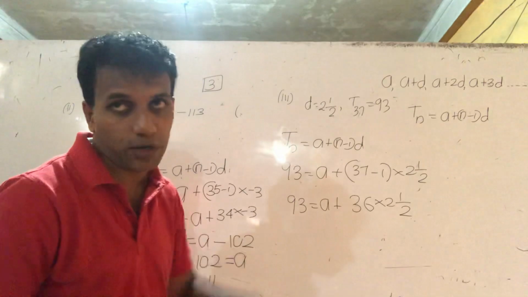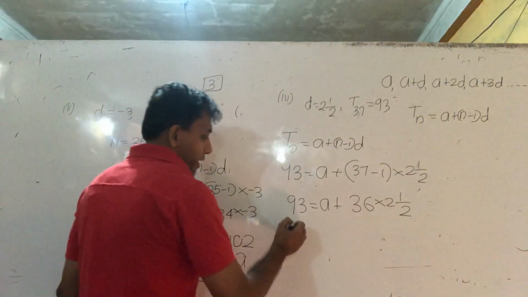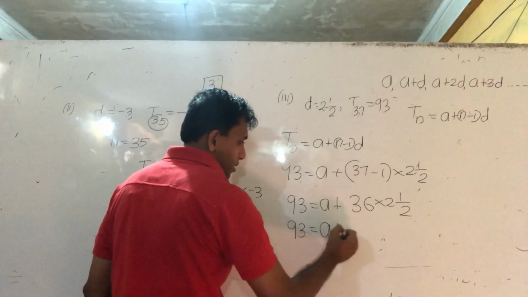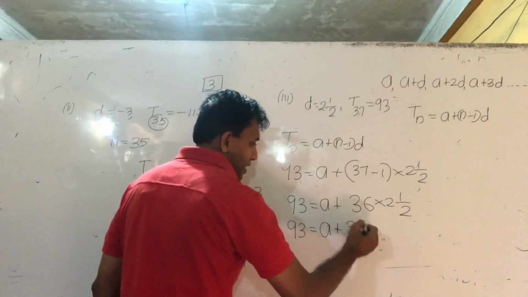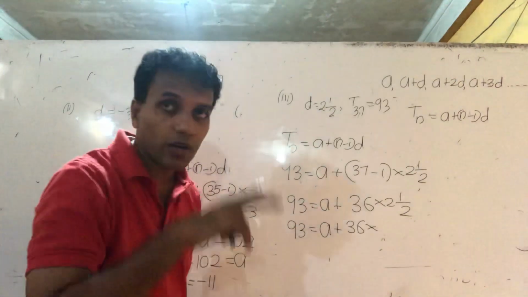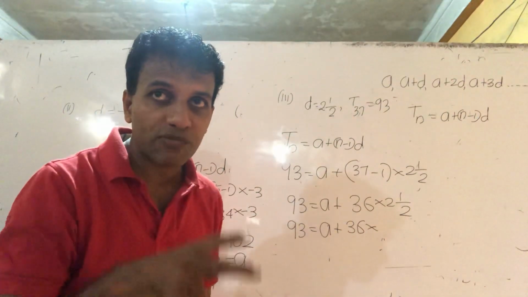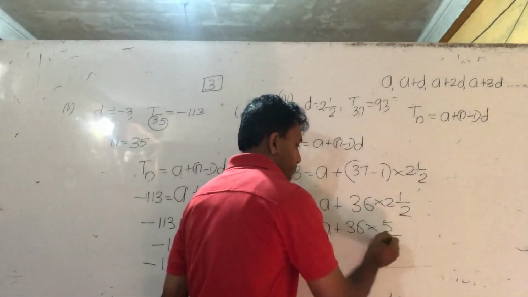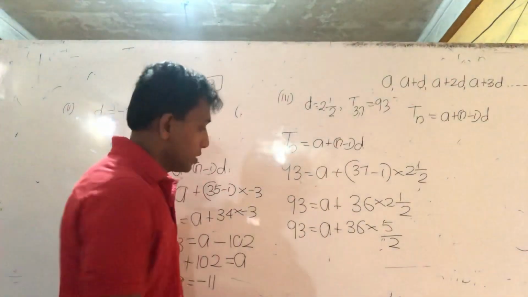This series problem. So 93 equals A plus 36 times 2.5. Write 2.5 as a mixed fraction, give it as an improper fraction, 5/2.